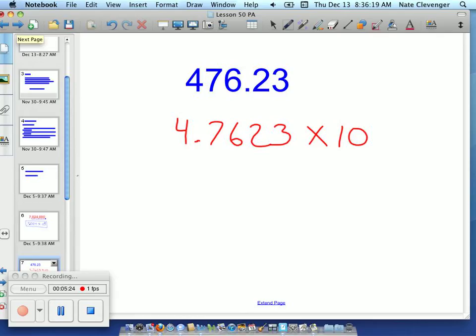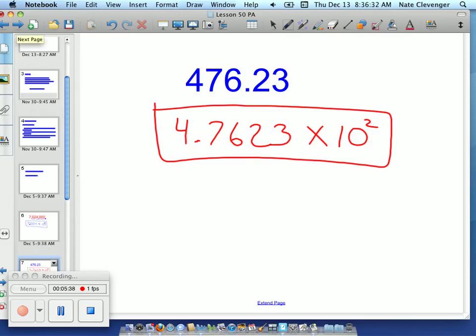Kenny, how far did I move the decimal from where it was to where I put it? 2 places. So that's the value of the exponent. You don't have to find the answer, you know the answer, if you were to go backwards, would be that. They're the same thing.